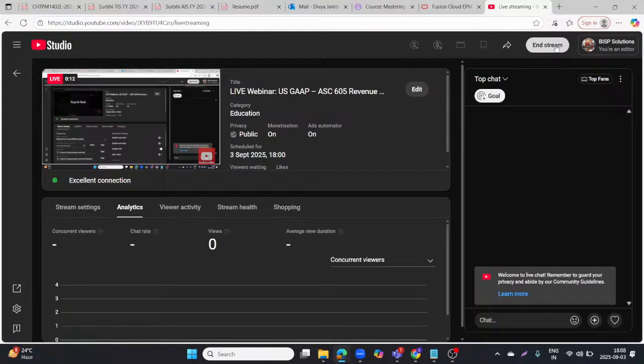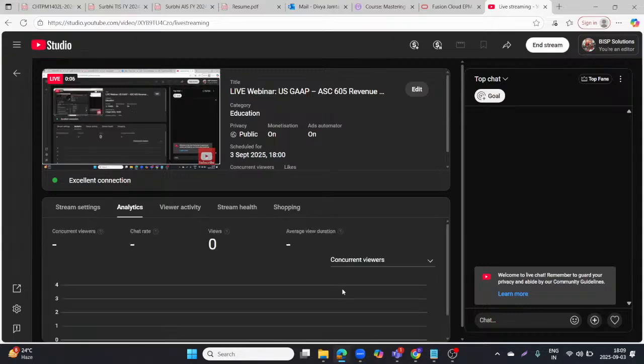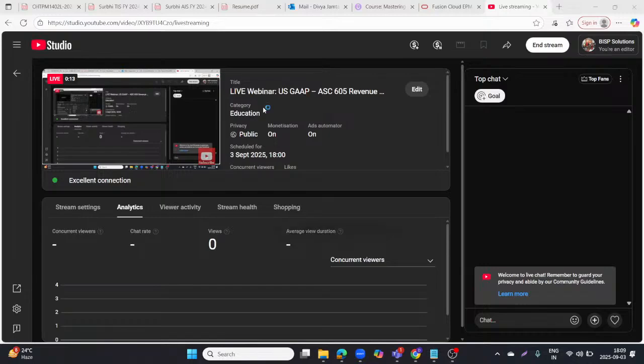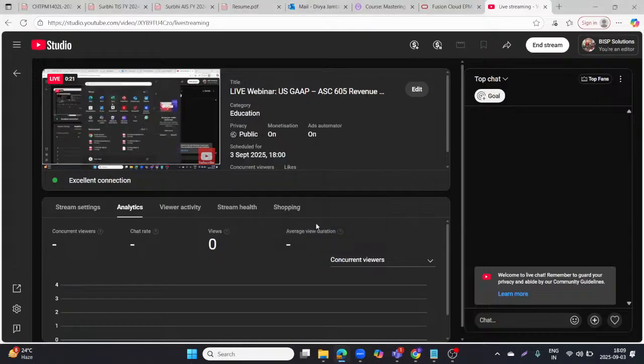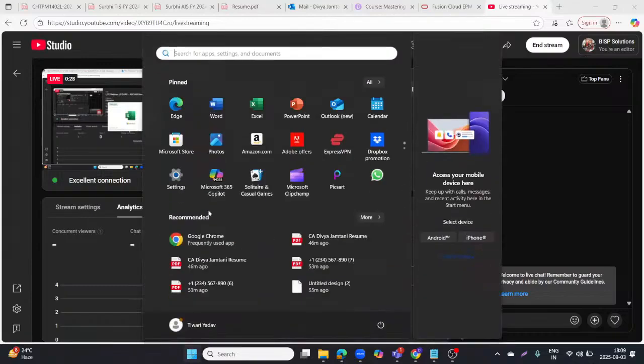So today we are going to start with Accounting Standard Codification 605, that is revenue recognition. Here we will be seeing the introduction. That means we first will cover the introduction, that is what is revenue recognition.